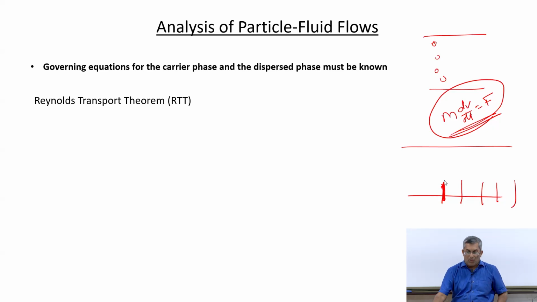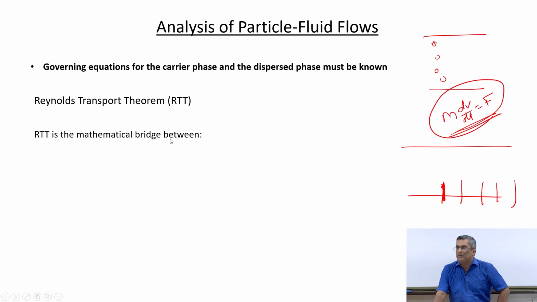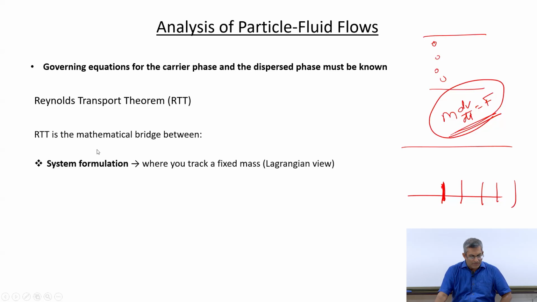Now, the Reynolds transport theorem basically provides a mathematical bridge between these two approaches. On one hand, we have the system-level formulation where you track a fixed mass, that is the Lagrangian viewpoint.